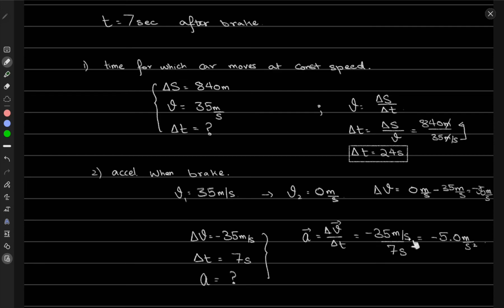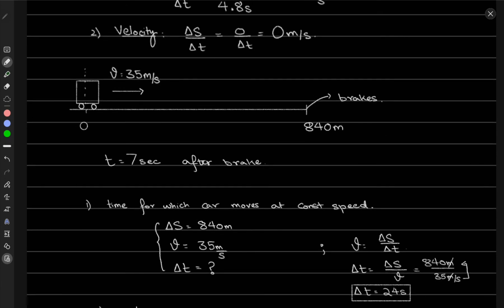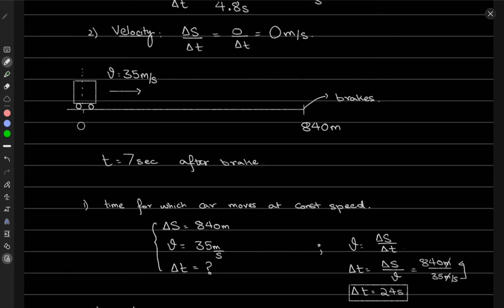So here we see that the acceleration is minus 5.0 meters per second squared. This minus sign is really telling you that the velocity is decreasing in this problem, which is what we expect because the brakes were applied at this point, and the brakes are applied to decrease the velocity of the car.